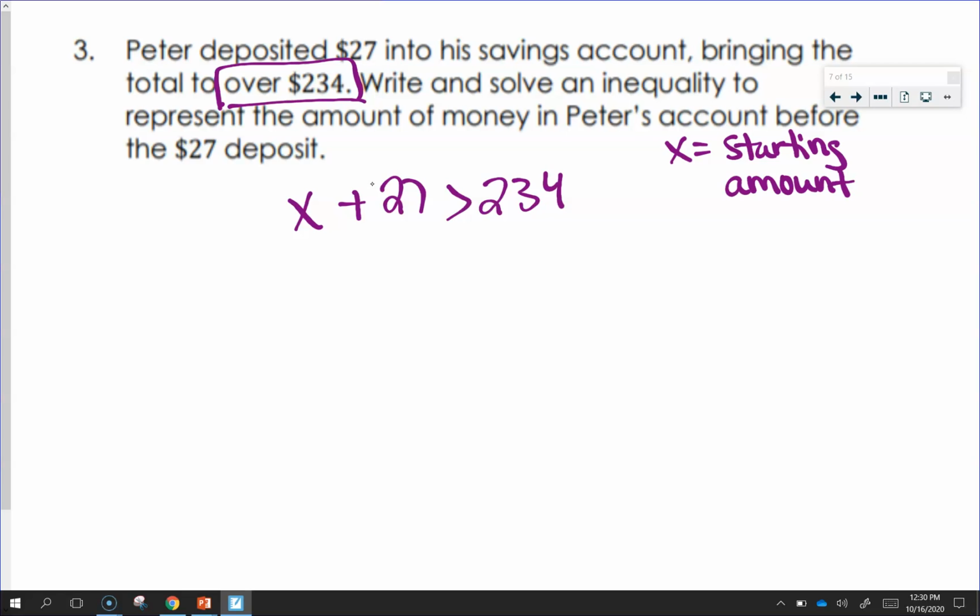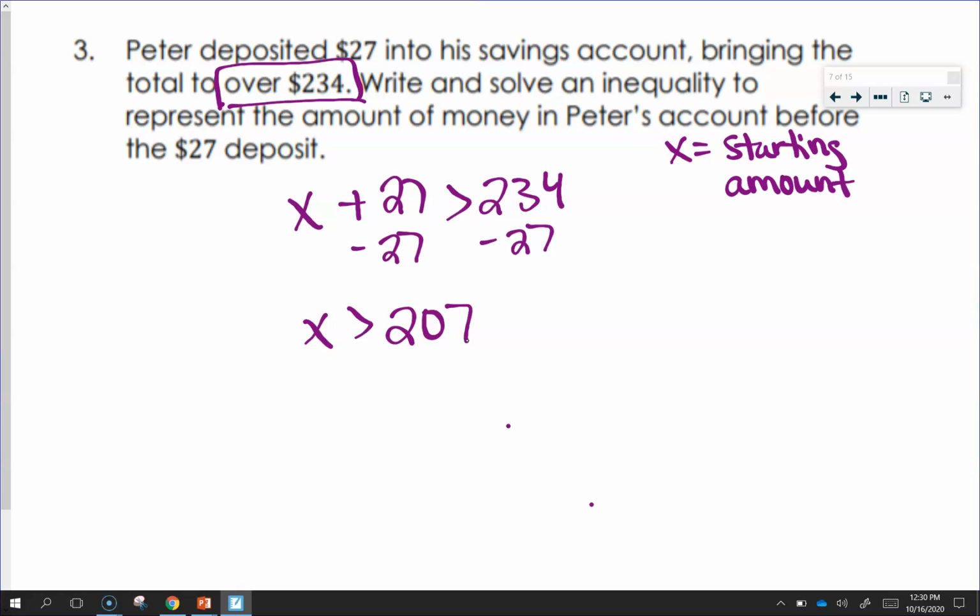How can I solve for X? Good, Landon. Good, Jacob. We're going to subtract the 27. So my initial balance was greater than what? 207? Good. So do I know the exact value of his starting balance? No, I just know it had to be more than $207.